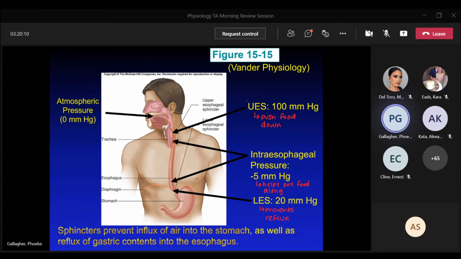Okay, so you should memorize the general pressure of the three regions. Your upper esophageal sphincter has a high pressure.